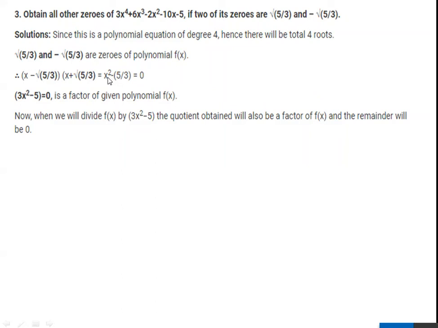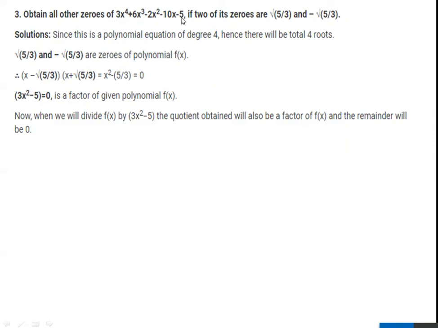Applying a plus b into a minus b, the answer is x square minus 5 by 3 is equal to 0. As this is a 0, we can equate it to 0. So you will have the factor as 3x square minus 5 is equal to 0. So you got one of the factors of this polynomial as 3x square minus 5.